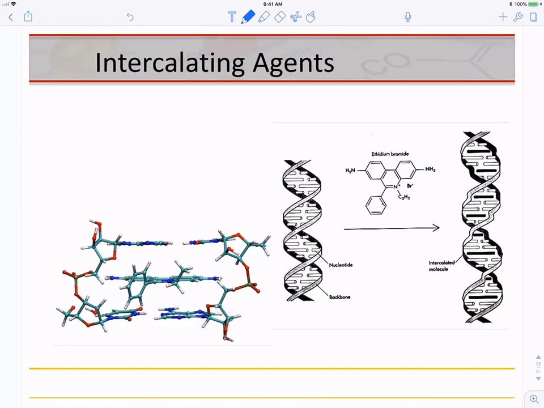Intercalation is generally caused by planar molecules which have the right size, and these molecules will insert between adjacent base pairs of DNA, and in doing so, they cause a local unwinding that will disrupt the normal template function of DNA.